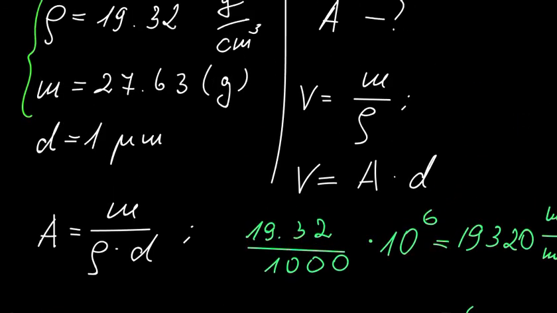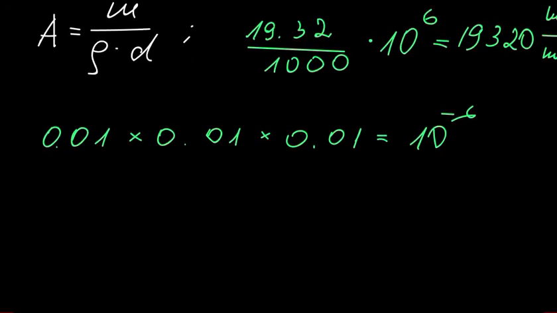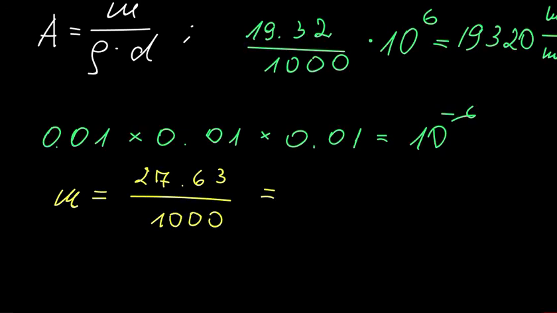Now our mass is in grams, so we can simply divide it by 1000 and we would get kilograms. So our mass is equal to 27.63 grams, and if you divide it by 1000 you'll get kilograms, and this will give us 0.02763 kilograms.